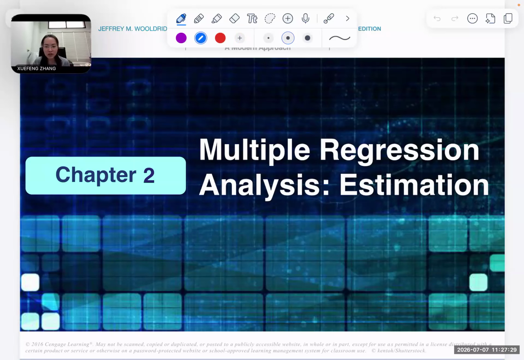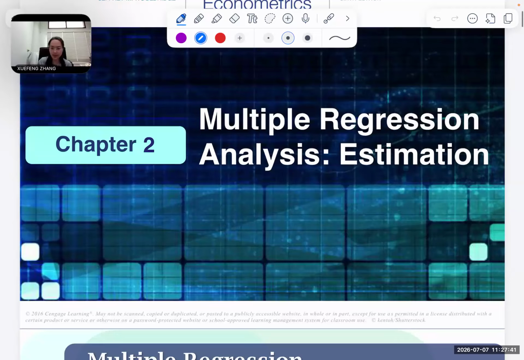That's what chapter 2 is about: how to estimate this model and what conditions we need for our estimates to be trustworthy. Okay, so let me write it down. 1y but many x. Okay, this is the idea.